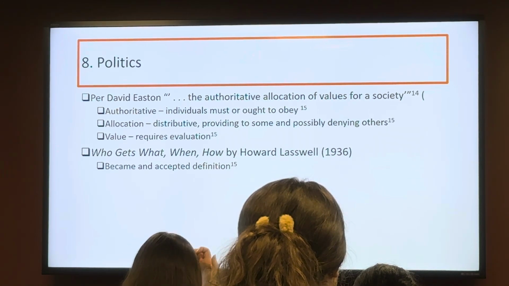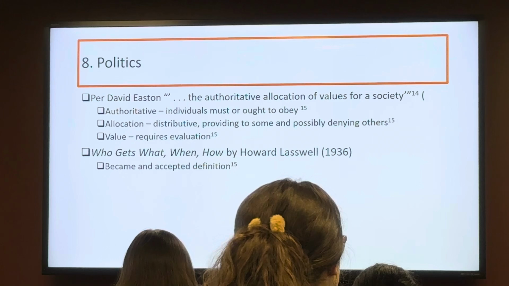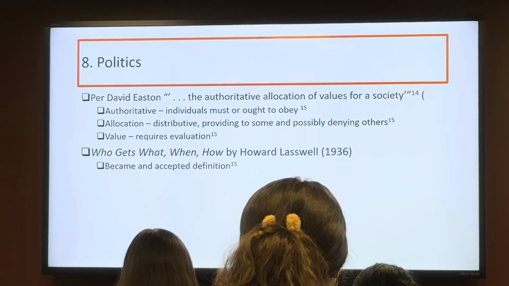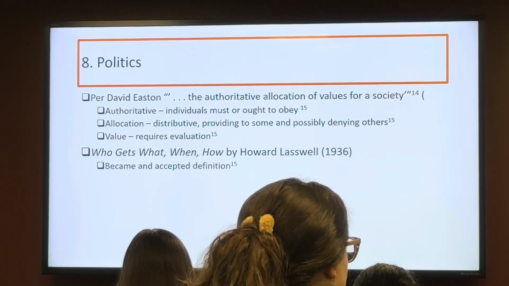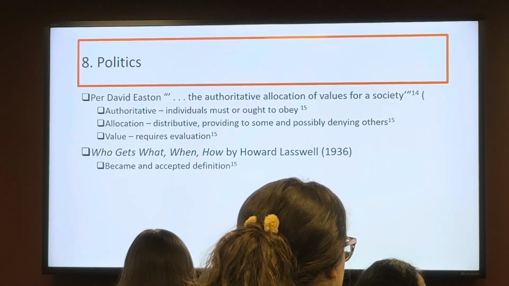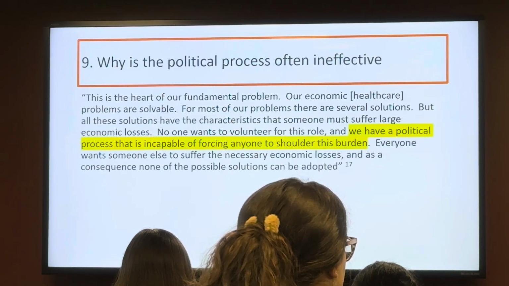Politics is actually just the process of determining what that's going to be. Harold Lasswell was a philosopher in the earlier part of the last century. He wrote a book called Who Gets What, When, and How, which is probably a pretty good definition of what politics is about. It's a definition that has been used often.